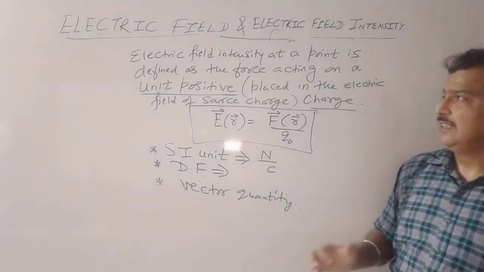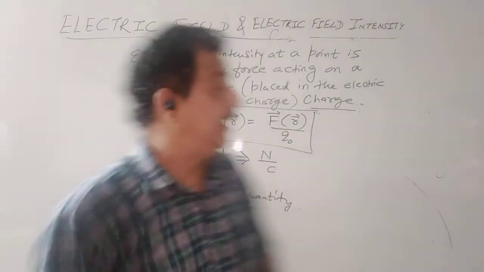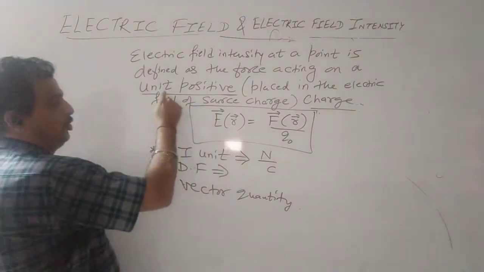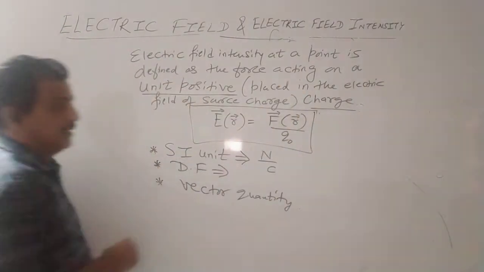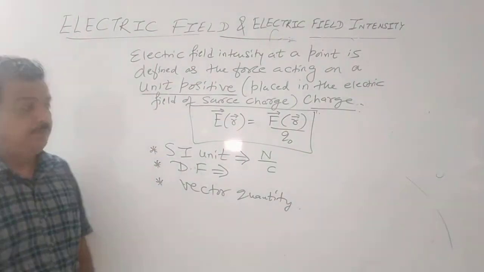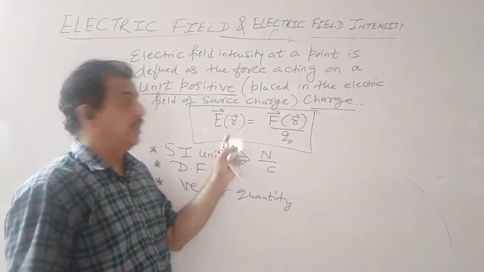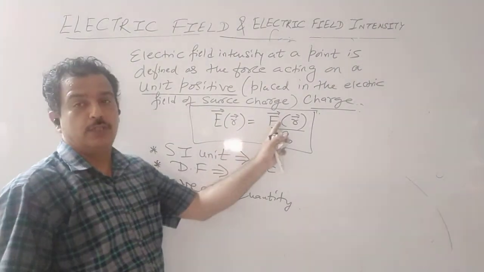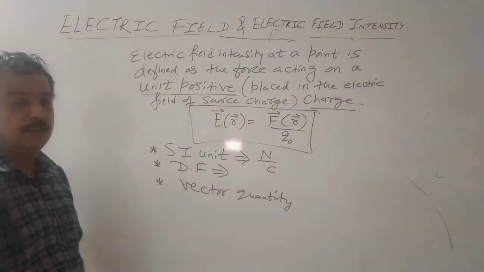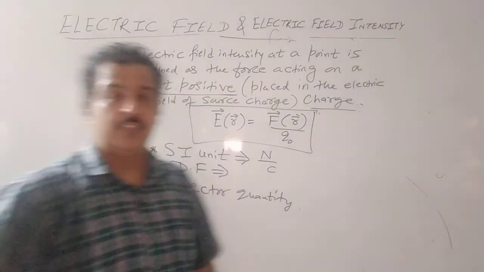So this is the basic explanation of electric field and electric field intensity. We will see what this unit positive charge means in our definition. But as far as formula is concerned, you simply remember it is the Coulombian force divided by the test charge. So this is the basic of electric field and electric field intensity.